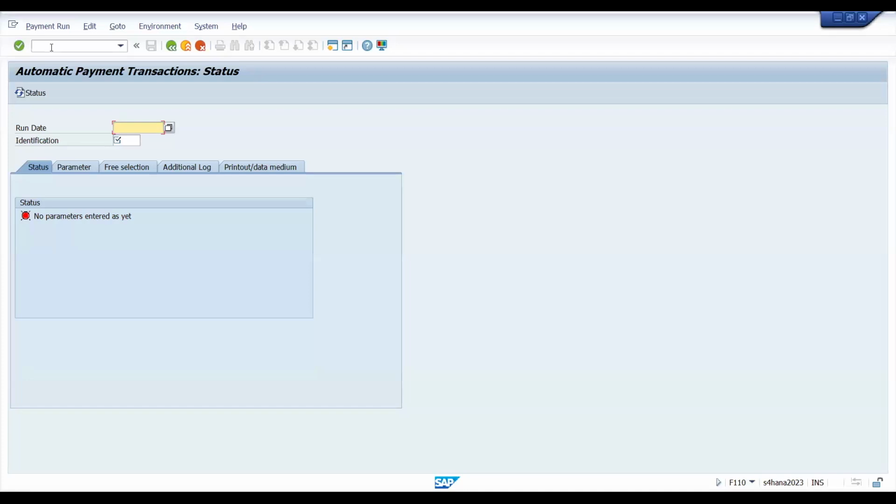Only if we have any special run can we run the F110 process manually. Otherwise, all regions' payments go automatically through the F110 automatic payment run without intervention. That setup has been done in your company, but it is not the case everywhere. It depends. That was done even in ECC. It's not that we are doing it in HANA. We can do it in ECC as well.